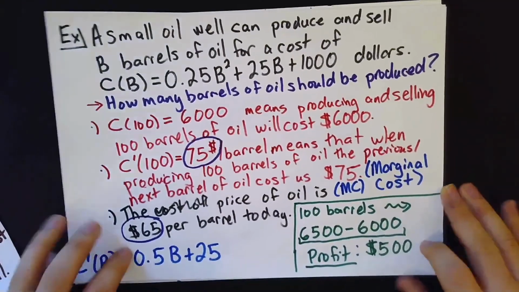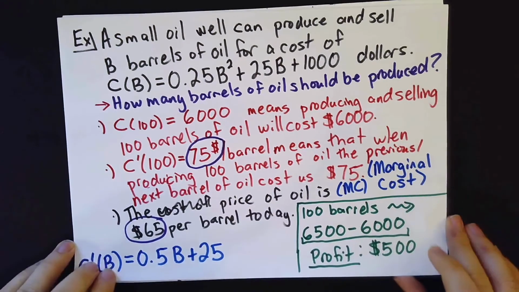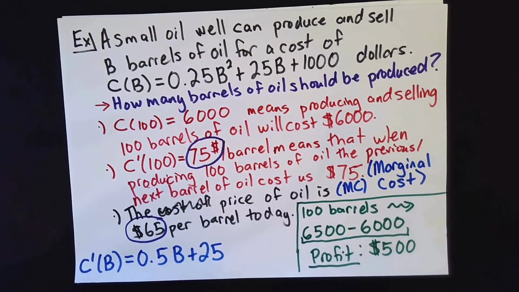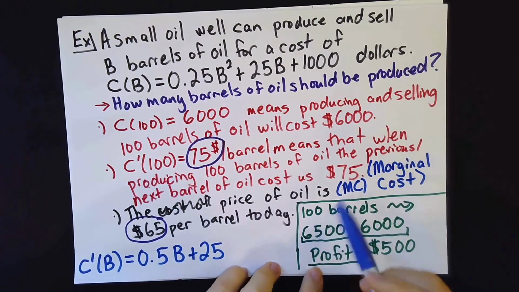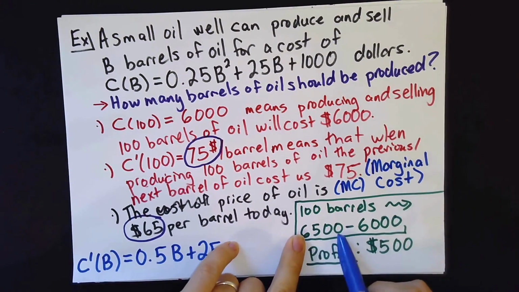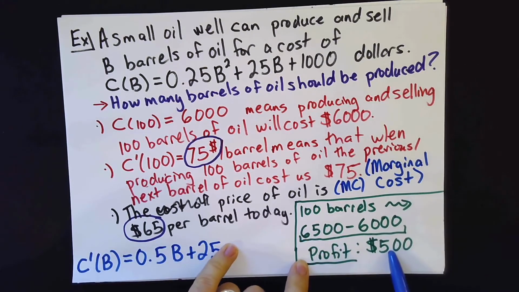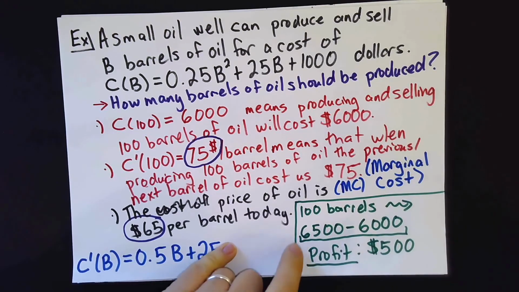Okay, so I want to compare how that worked. So before, remember, our little oil well was producing 100 barrels of oil per day for a revenue of $6,500 that cost us $6,000 to make, meaning we made a daily profit of $500. Okay.